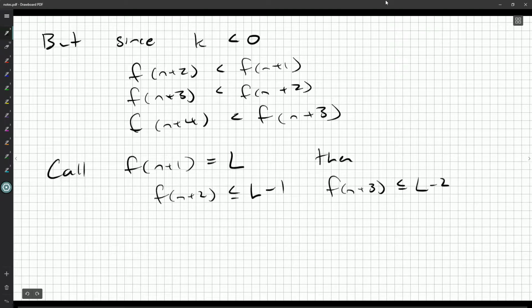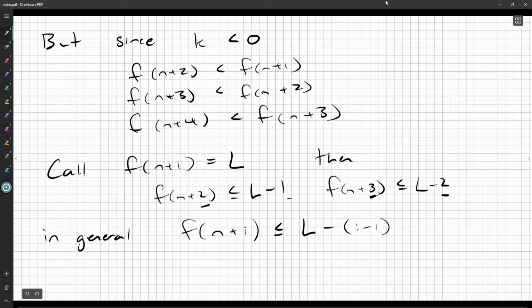So at most it's L-2. And that's only if f(n+2) actually is L-2. Okay? And we might say in general, f(n+i) would have to be less than or equal to what? It looks like for 3 we go to 2, for 2 we go to 1. So it looks like it'll be L-i-1.